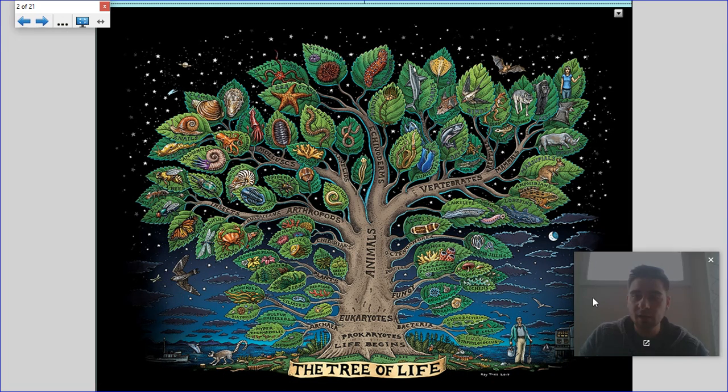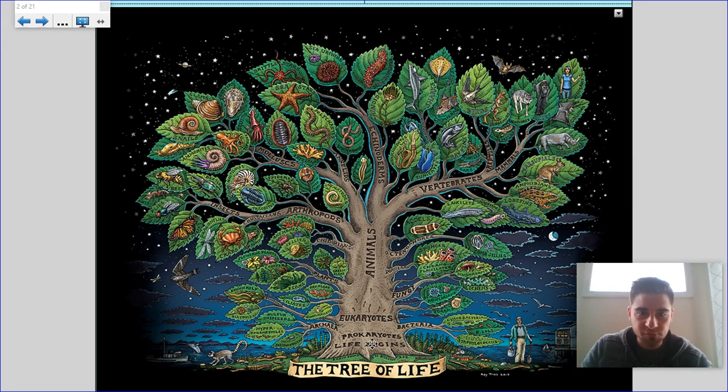All right, now again, here's the tree of life, just a little closer so you can see it. Remember, life begins with very, very simple single-celled organisms like bacteria. Over time, bacteria have continued to evolve, and there's really thousands of species of bacteria alive now.